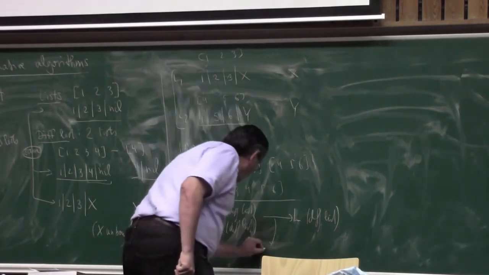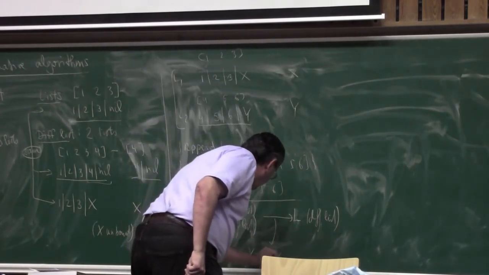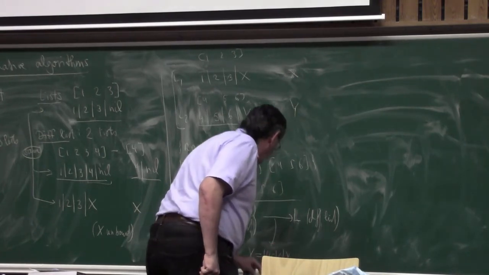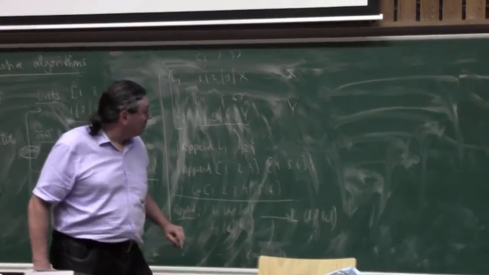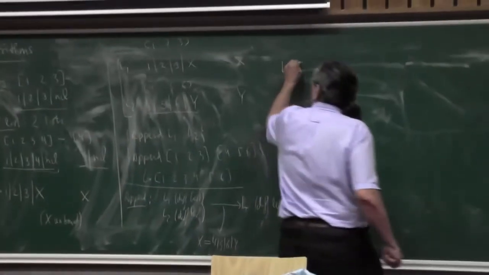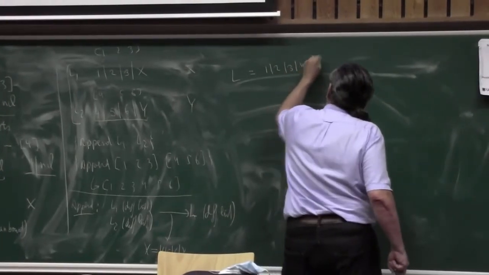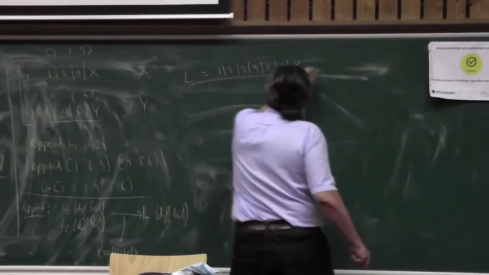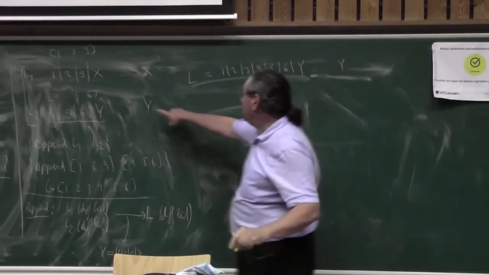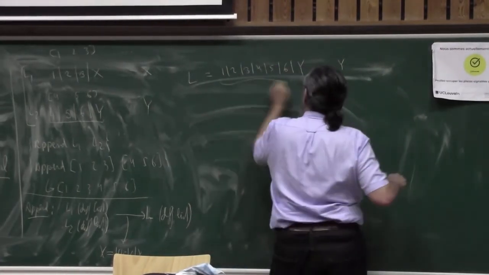Then L will be the difference list of the result. L is 1, 2, 3, 4, 5, 6, Y.